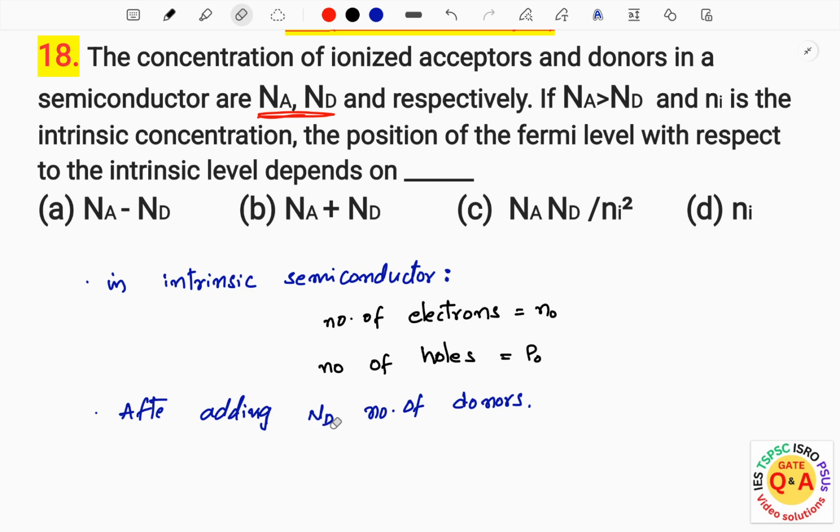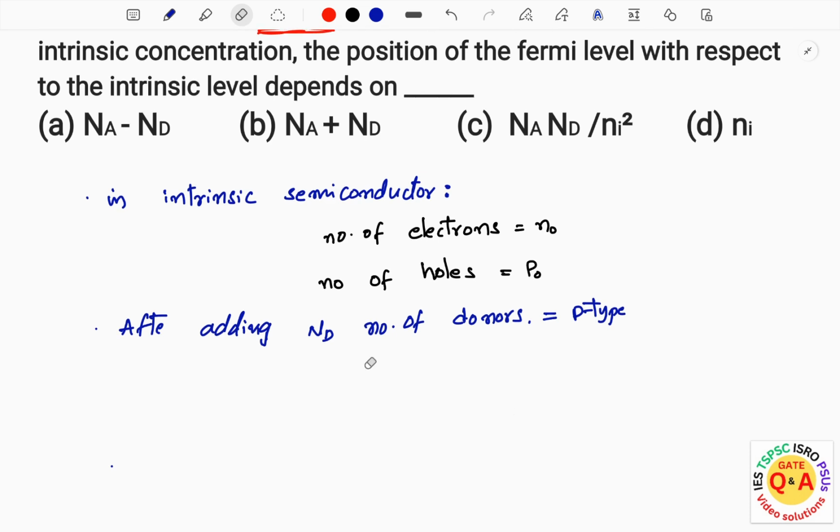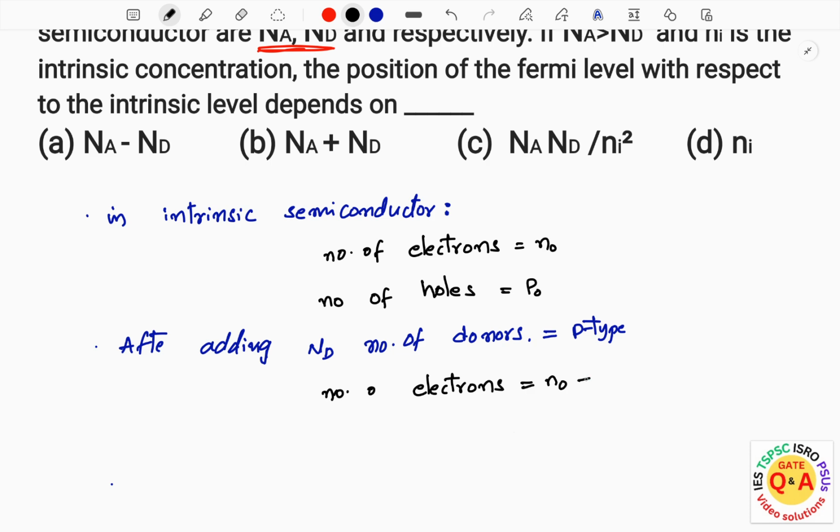After adding the Nd donors, the semiconductor will become n-type. The number of electrons is equal to N0 plus Nd, and the number of holes is equal to P0 only, there is no change.